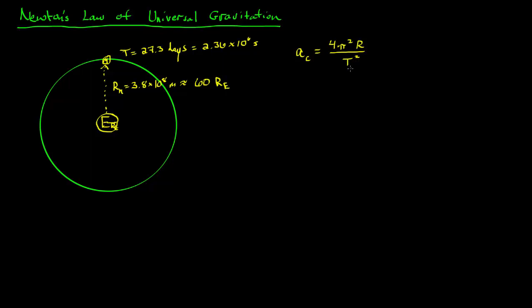Then we can just substitute everything in. I'm not going to do that, but you plug in all these numbers, and you get a centripetal acceleration of 2.69 times 10 to the negative 3 meters per second squared.